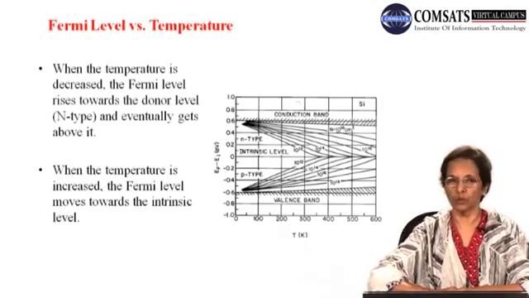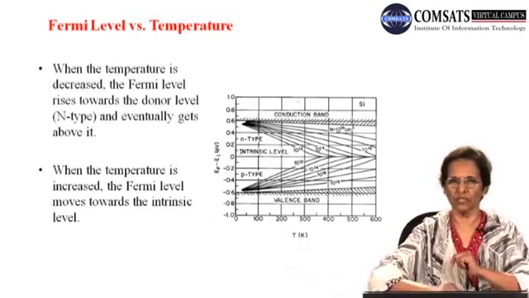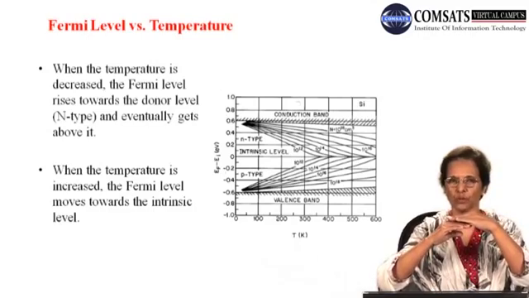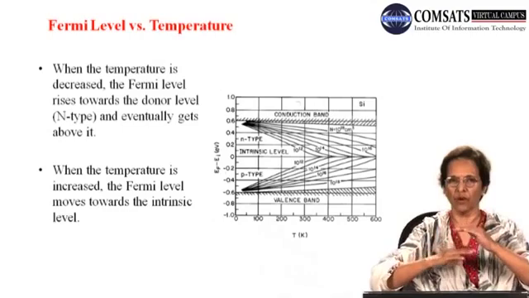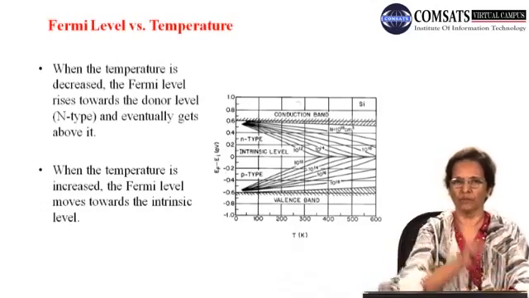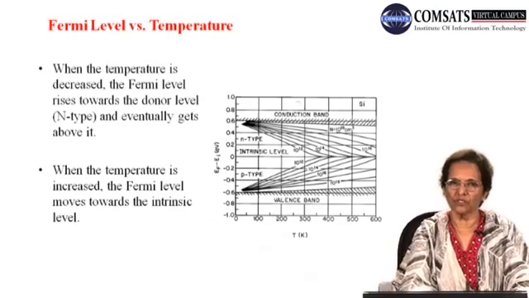Go on increasing the dopant concentration. When we increase the dopant concentration, the Fermi level shifts closer and closer to the bottom of the conduction band. For high acceptor impurity, the Fermi level shifts downward. Okay, that was if you change the dopant concentration.